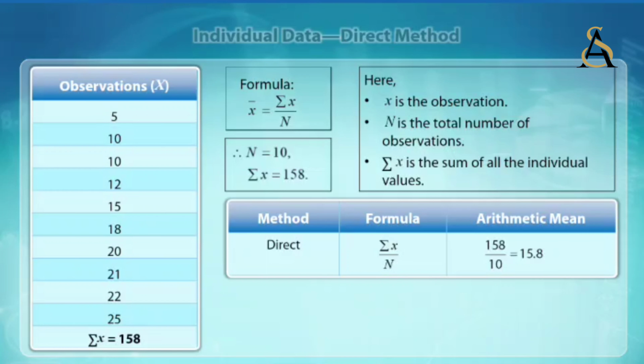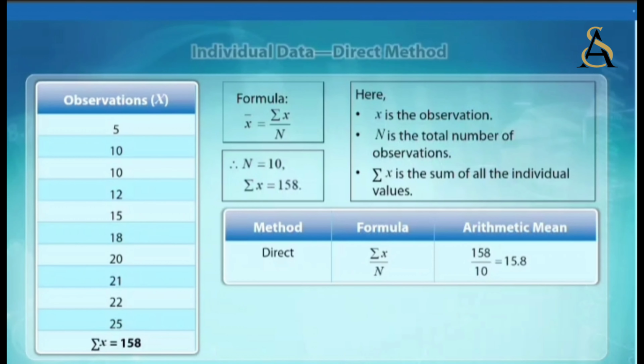Now we add all the observations, and we get sigma x, the sum of all individual values, which comes to 158. So the direct formula is sigma x by n: 158 divided by 10, we get the arithmetic mean as 15.8.